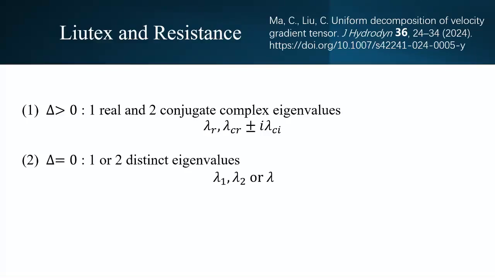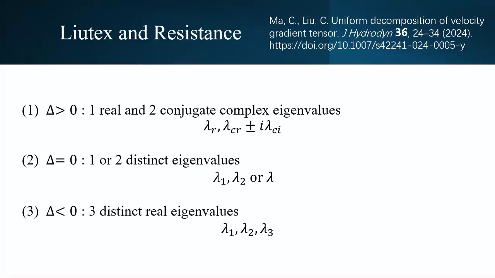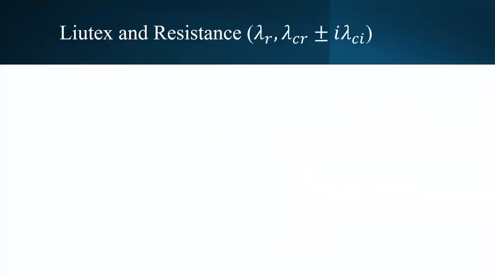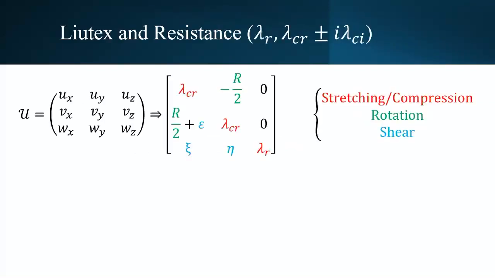We call them lambda 1 and lambda 2, or just lambda. For the third case, when the discriminant is less than 0, we have 3 distinct real eigenvalues, and we call them lambda 1, lambda 2, and lambda 3. The first case is classified as the rotational points, and the second and third are classified as the non-rotational points.